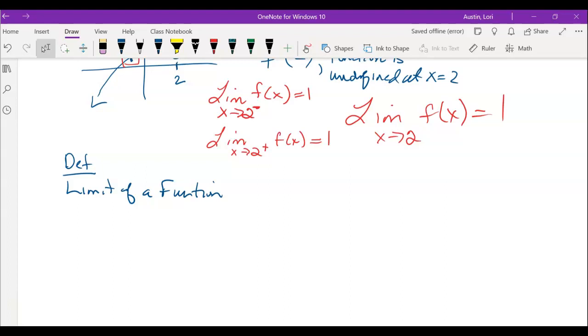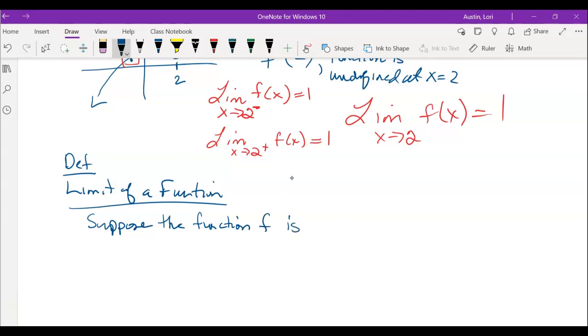So let's suppose the function f is defined for all x near a.